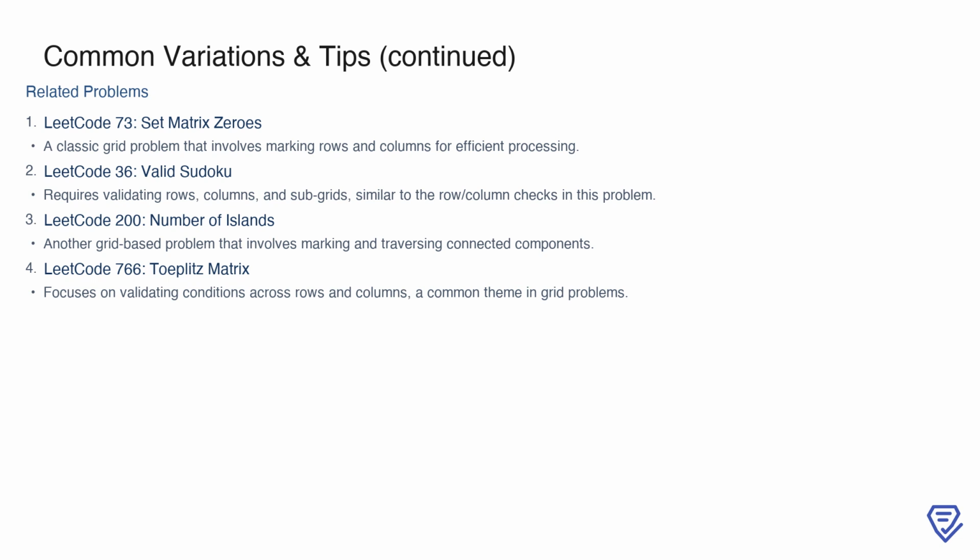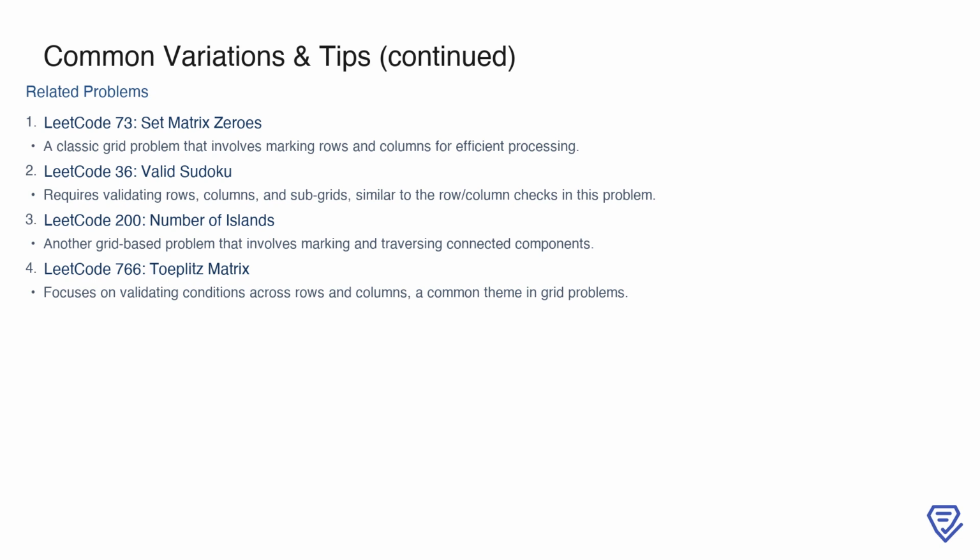The concepts in Lonely Pixel I are closely related to several other grid-based problems, which can help you strengthen your problem-solving skills. For example, LeetCode 73, Set Matrix Zeroes, involves marking rows and columns for efficient processing, a technique similar to pre-computing counts. LeetCode 36, Valid Sudoku, requires validating rows, columns, and subgrids, which aligns with the row and column checks in this problem.